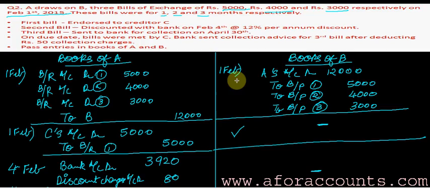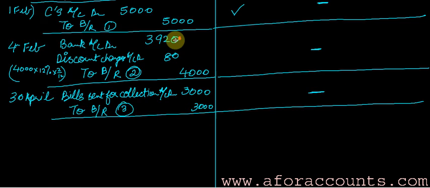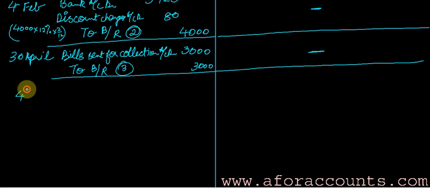Now next part of our question. On due date, bills were met by C. Bank sent collection advice for 3 bills after deducting rupees 50 collection charges. Pass entries in the books of A and B. So what happened on 4th May is from bank we have received, so bank account debit. Bank charges are being charged.